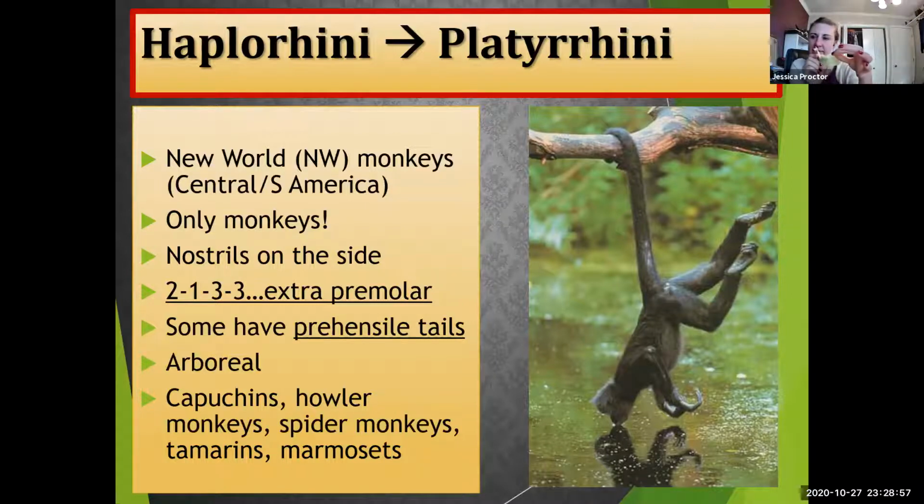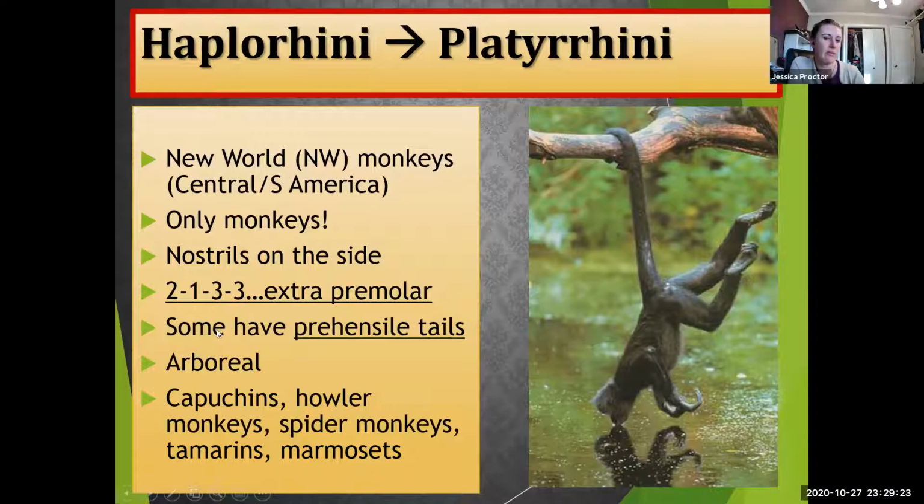We start by counting the incisors. For example, in a human, there's 2 incisors, 1 canine, and only 2 premolars and then 3 molars. But if it's a New World monkey, a platyrrhine, then they have an extra premolar. So their dental formula, if you count each quadrant, would be 2 incisors, 1 canine, 3 premolars, and 3 molars.